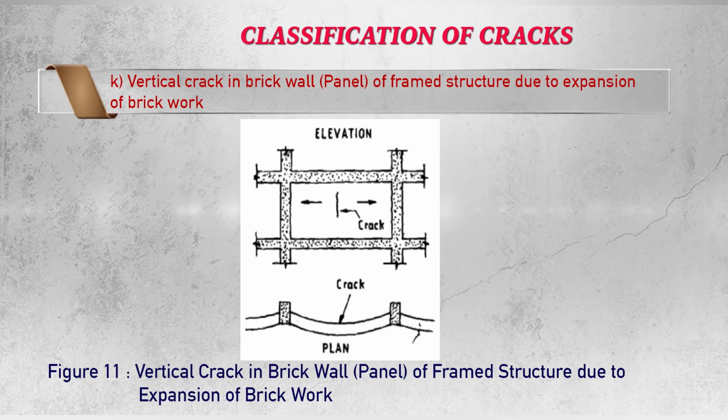Then we move to figure 11, which shows you a vertical crack in brick wall panel of framed structure due to expansion of brickwork. There is expansion of brickwork, and hence a vertical crack occurred in brick wall of the framed structure.